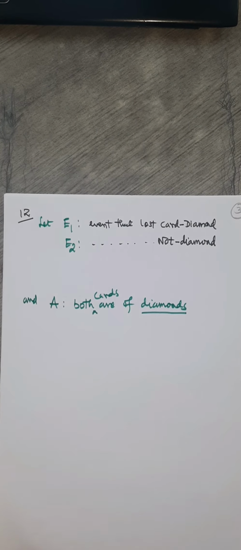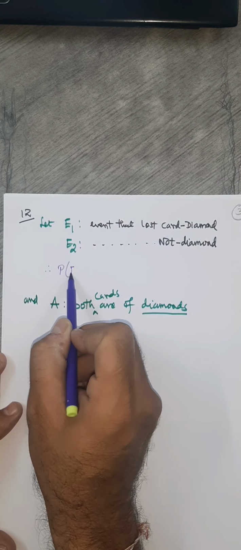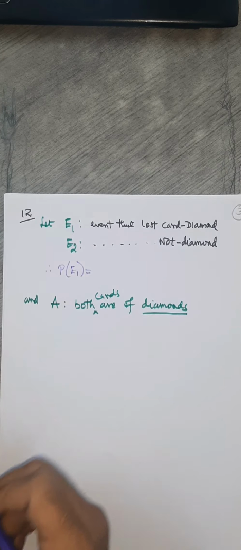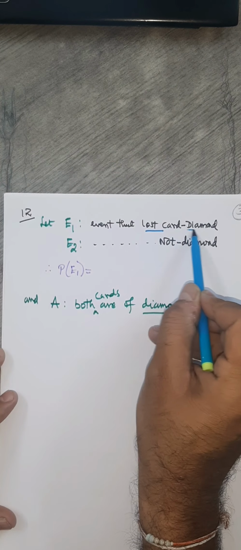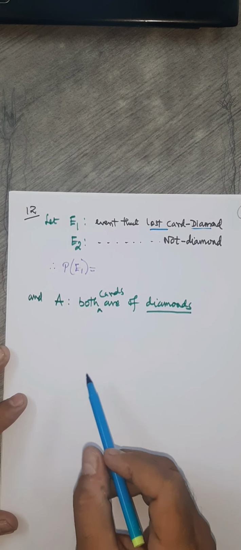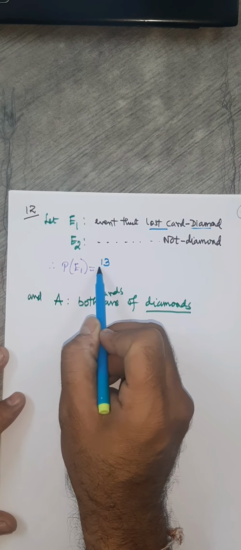Fine. Now here, therefore, you can write the probability of E1 and probability of E2. What is E1? That the lost card is of diamond. How many diamond cards are there? We know 13. So one card is lost, that is of diamond.